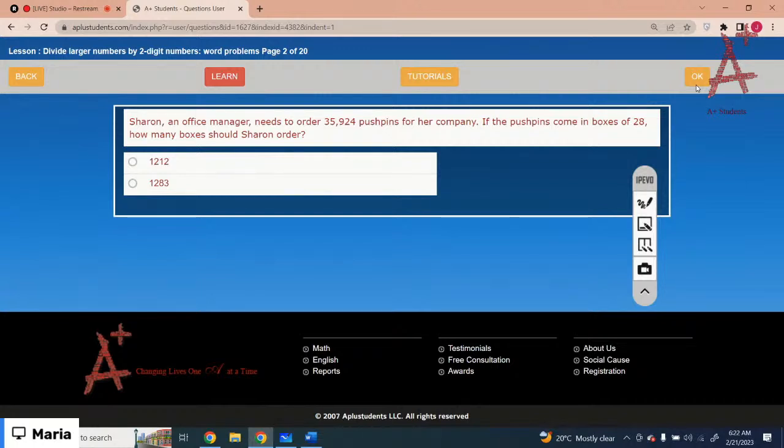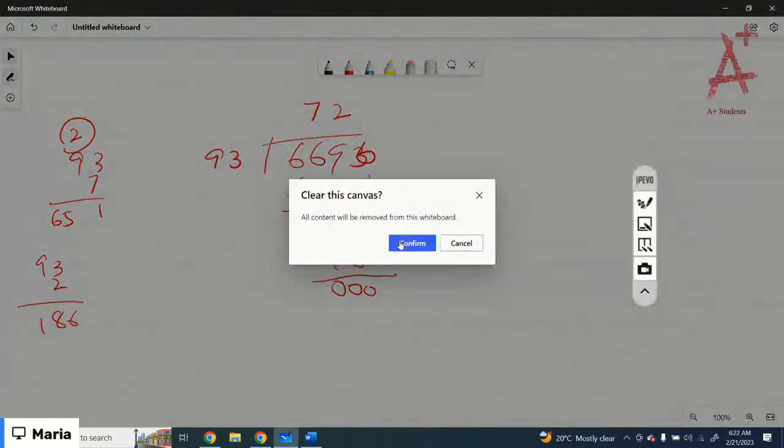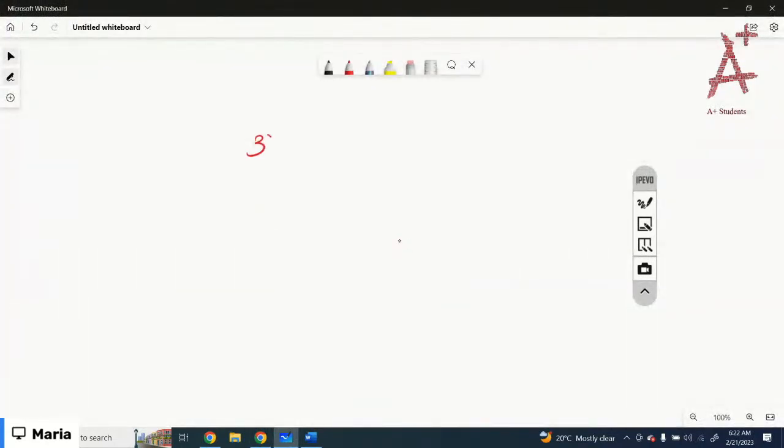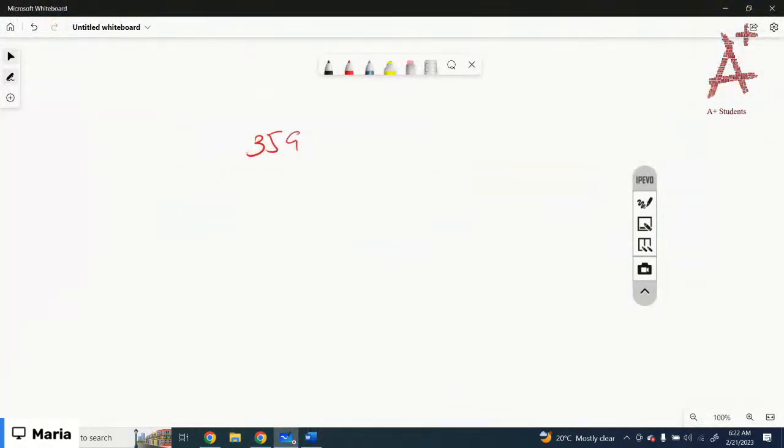If the push pins come in boxes of 28, how many boxes should Sharon order? So you have to do 35,924 divided by 28.